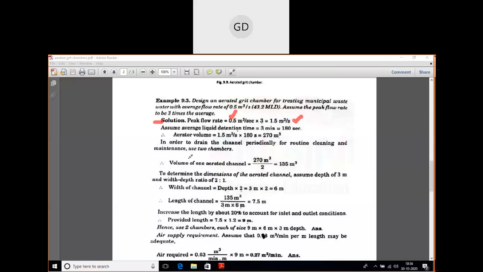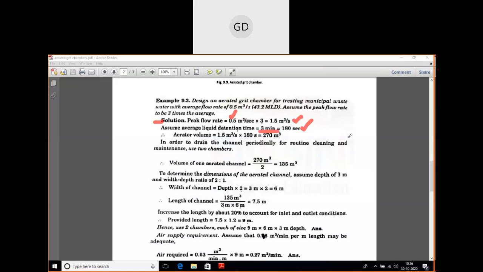Since the detention period is not mentioned here, and we just went through the aerated grit chamber notes, there it is mentioned that the detention time is 3 minutes, which is 180 seconds.